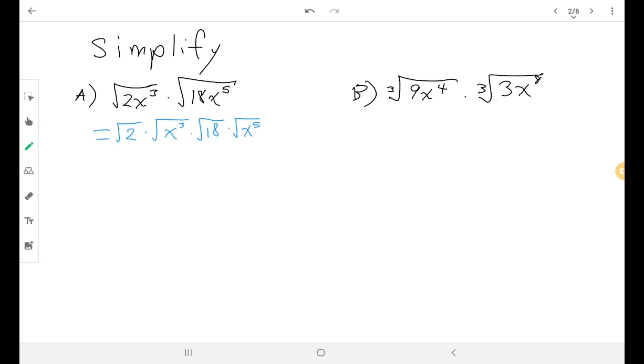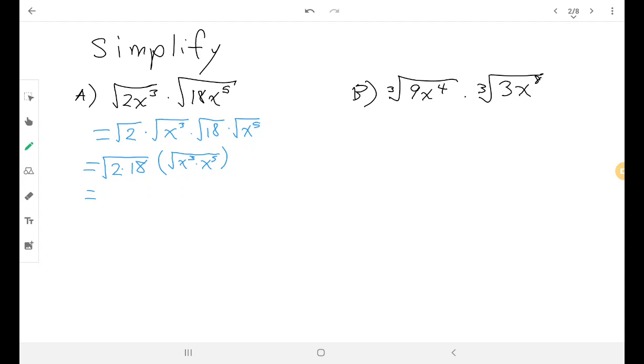And what I'm going to do is I'm going to put the numbers together inside of one square root, so 2 times 18. And then I'm going to do the same thing with the variables, but I'm looking towards the idea of writing the variables with fractional exponents rather than roots.